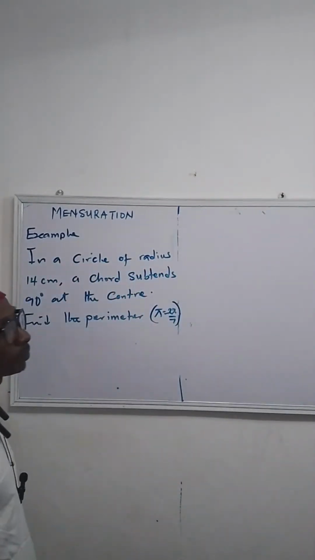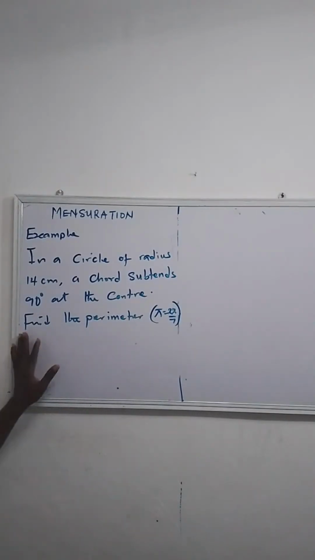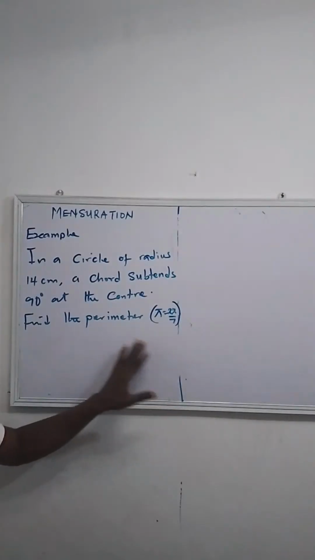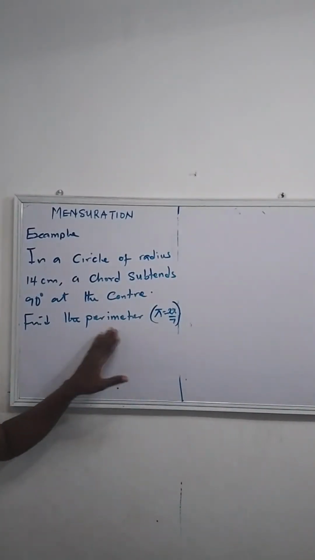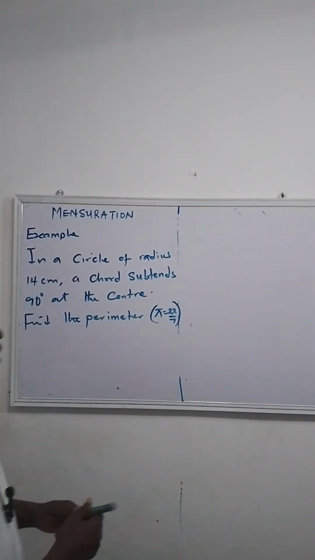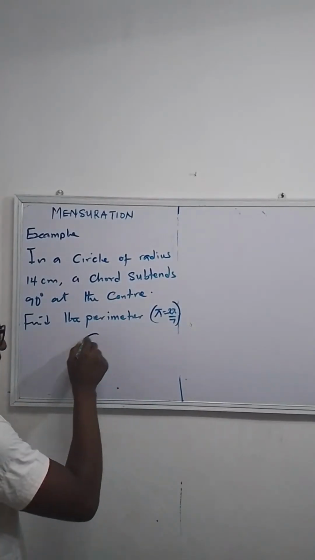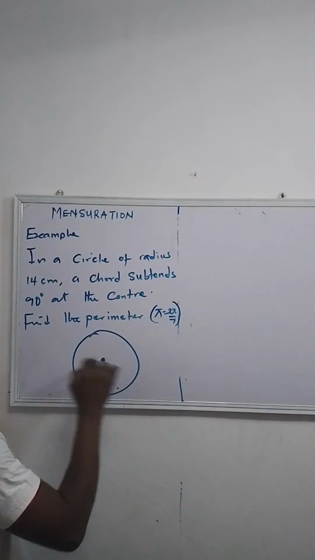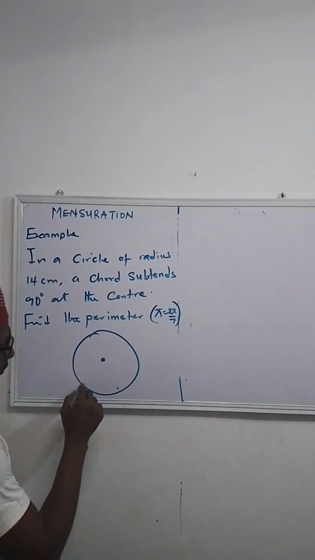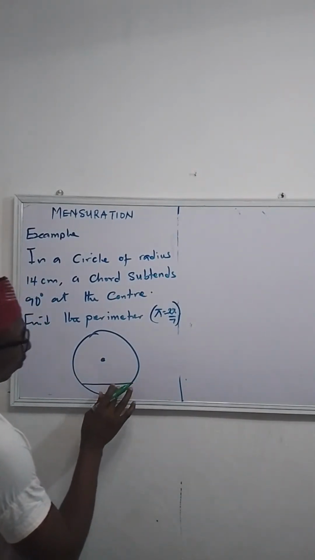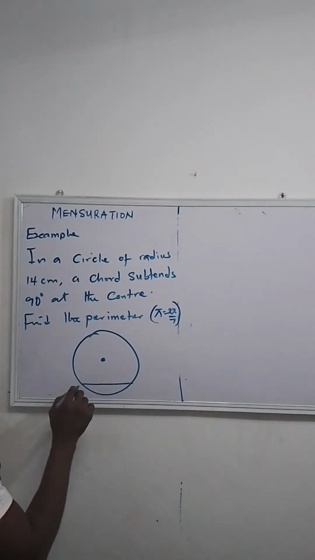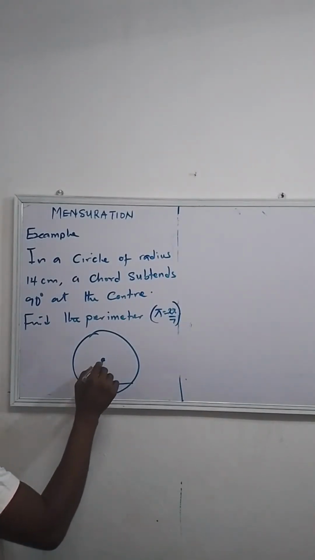All right. Now, the question wants us to find the perimeter. Now, that is the perimeter of the sector. Don't forget, we have this. Now, we have a chord. This is a chord. And we have the radius.